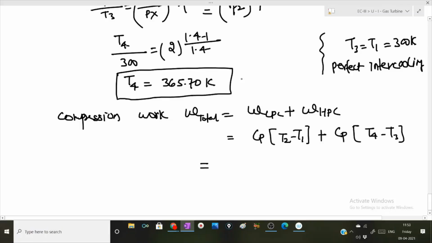Just now we have seen T1 is equal to T3 and T2 is equal to T4. So compressor work will become twice of Cp into T2 minus T1.